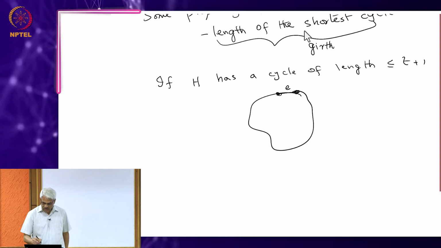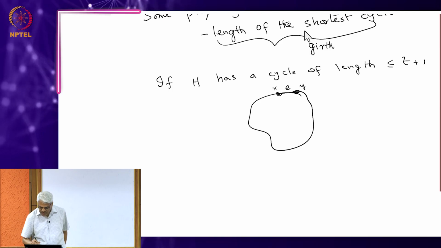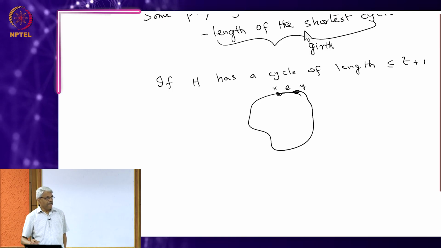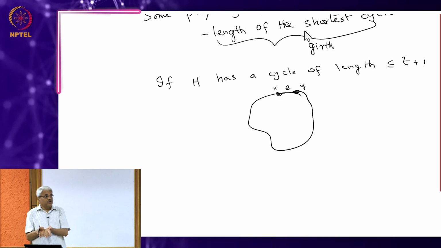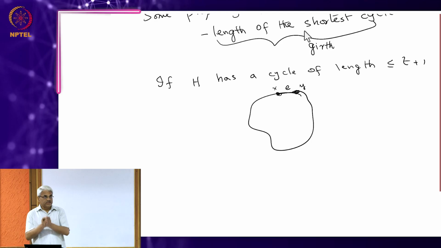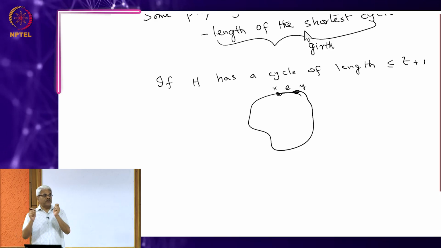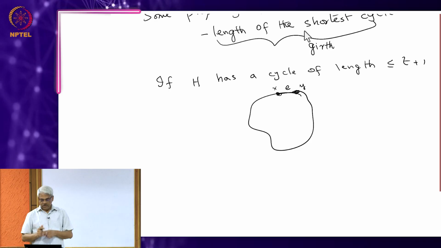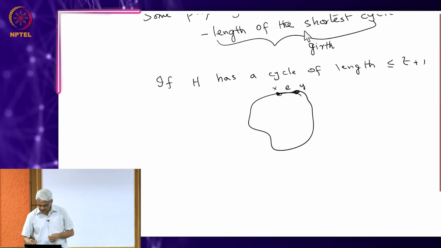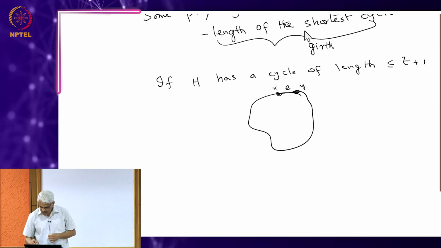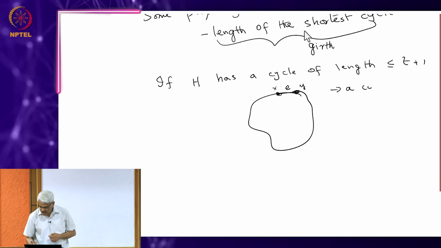But notice that there is a path between x and y of length at most t, the remaining edges of the cycle. In that case, I will not have added E. That is my algorithm, right? Because if there is a path between x and y of length at most t, do not add that edge. So we will not have added that edge. Okay, so that is a contradiction.